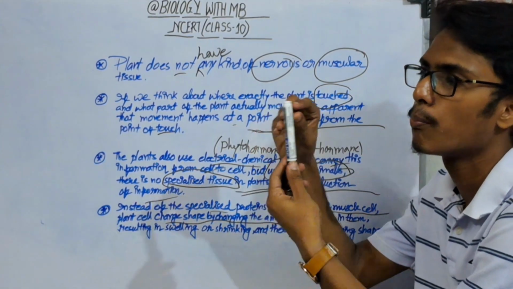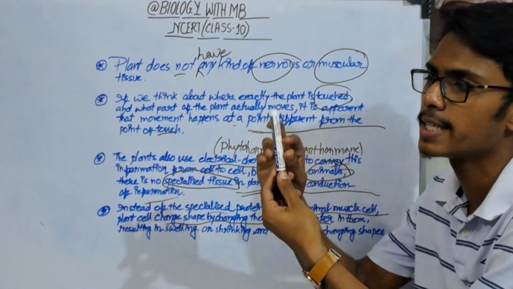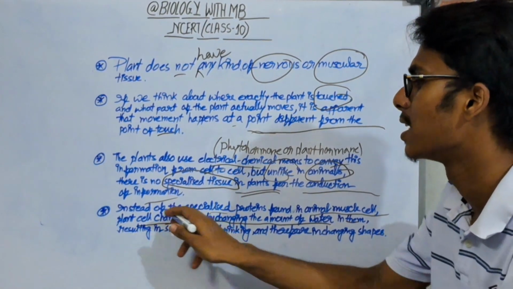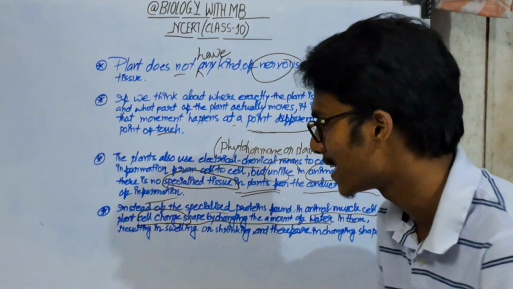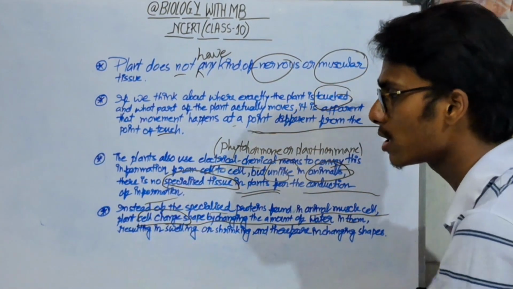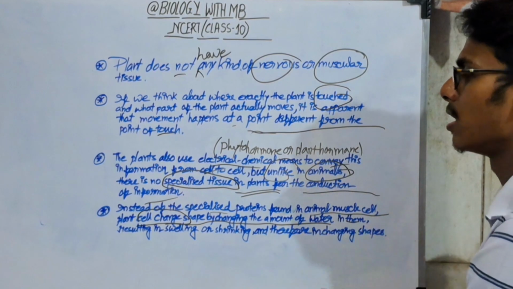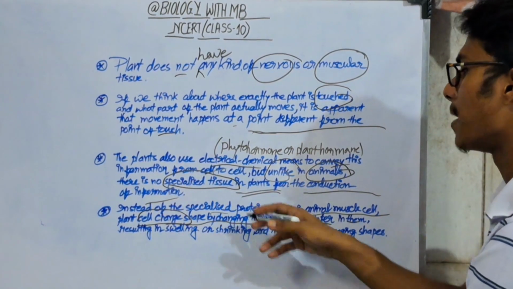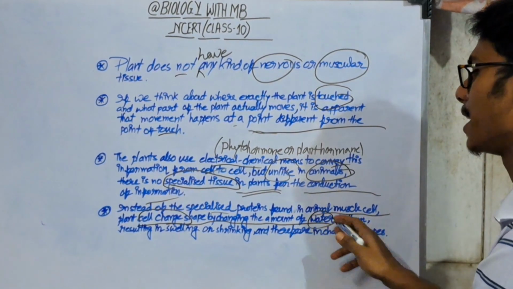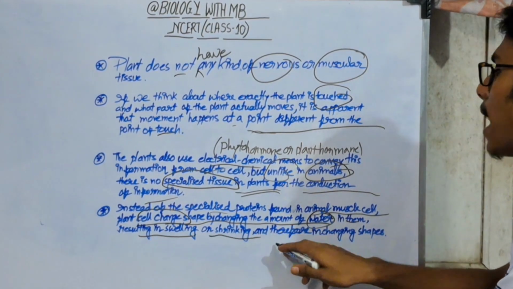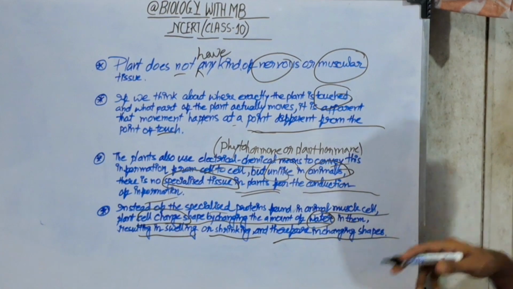When the water potential changes from this cell to this cell, the shape of the cell changes. This point says that plant cells change shape by changing the amount of water in them, resulting in swelling or shrinking, and therefore in changing shape.